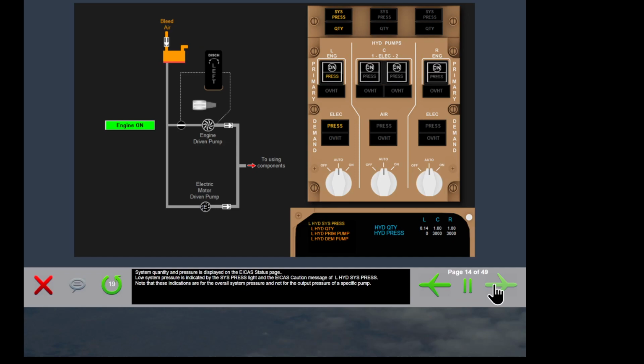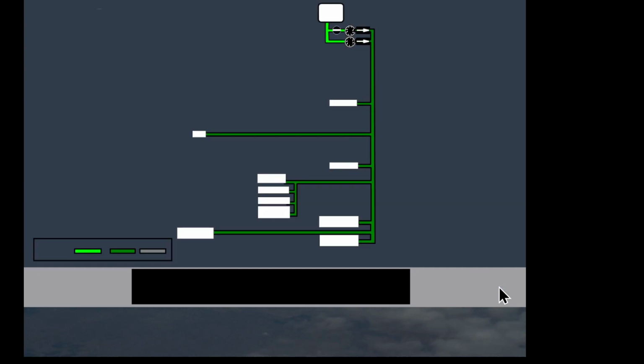System quantity and pressure is displayed on the ICAS status page. Low system pressure is indicated by the system pressure light and the ICAS caution message of left hydraulic system pressure. Note that these indications are for the overall system pressure and not for the output pressure of a specific pump.